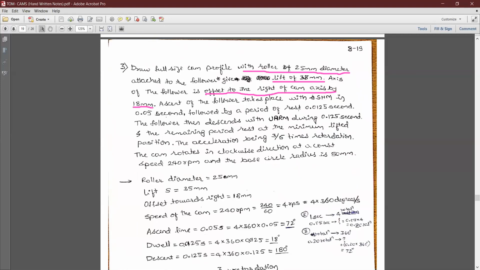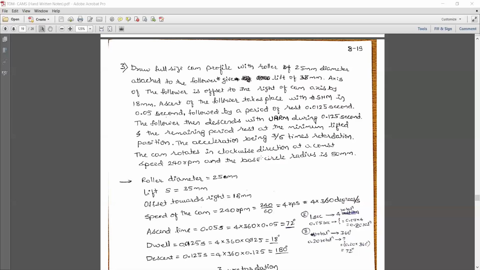So here, the ascent of the follower takes place with SHM.